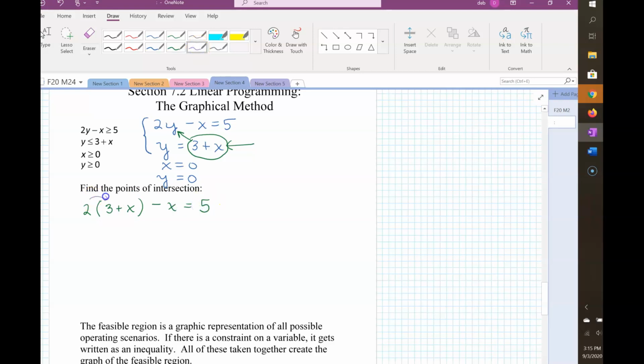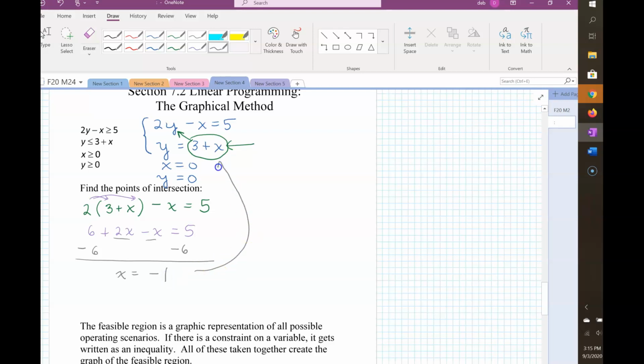So then we're going to distribute our 2, get 6 plus 2x minus x equals 5. And then get the x's together on one side and move any numbers over to the other side by subtracting 6 from both sides, and then combine your like terms, and you're going to get x is negative 1.